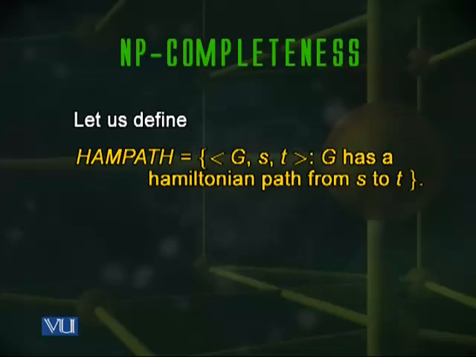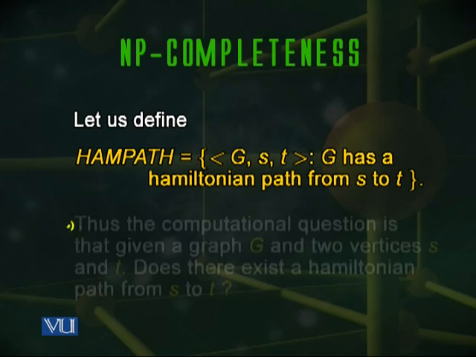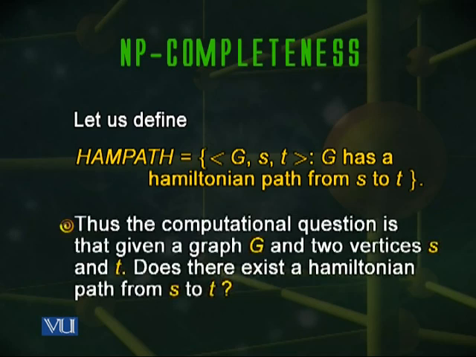Let's define HamPath to be the set of all graphs G along with two vertices S and T such that the graph G has a Hamiltonian path from S to T. Thus, the computational question is, given a graph G and two vertices S and T, does there exist a Hamiltonian path from S to T? What we will do is show that this problem is also NP-complete.